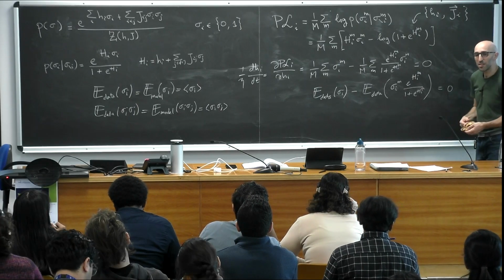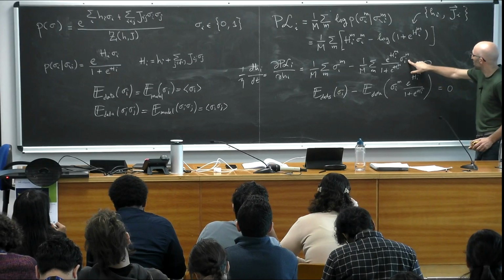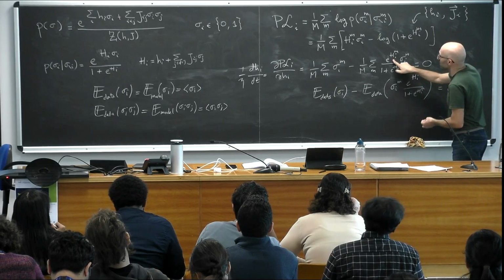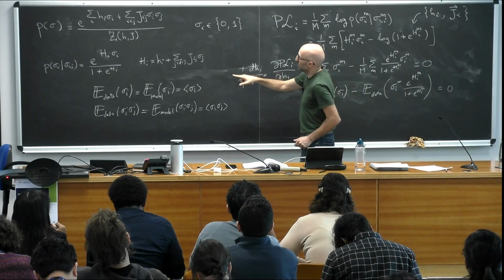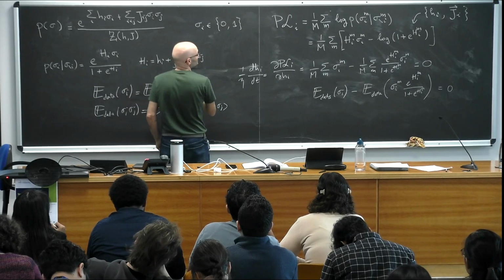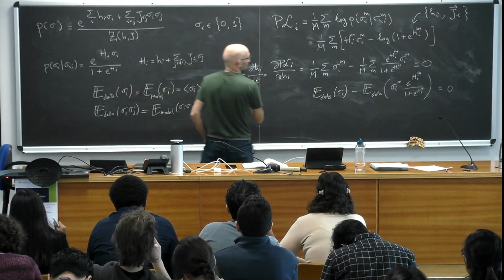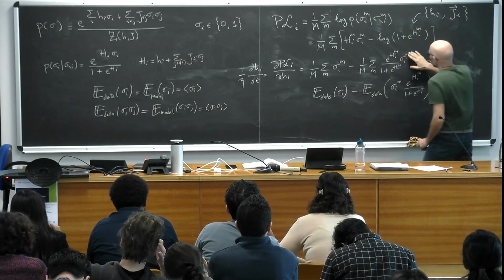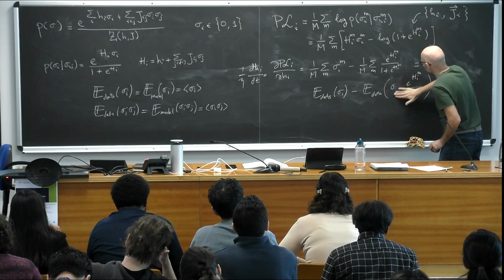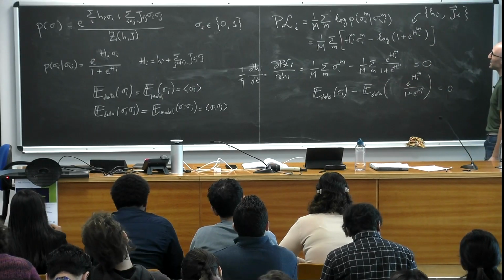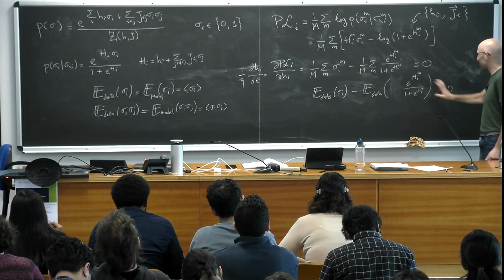Yes? How does the sigma appear in the second? Yes, because h_i, because there is this, well, no, you're right, there is no sigma here. This is wrong, sorry. You're right, thanks. There is no sigma.